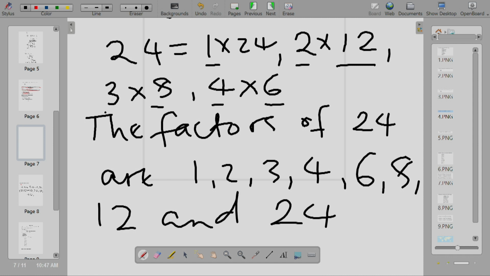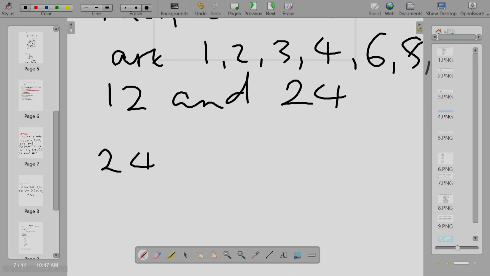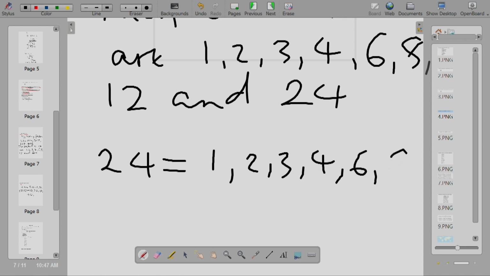So these are the factors of 24. Simply we can write it like this: factors of 24 equal 1, 2, 3, 4, 6, 8, 12, and 24.